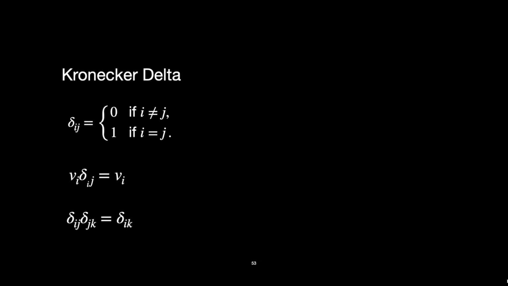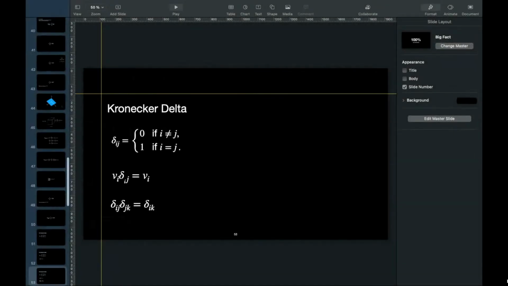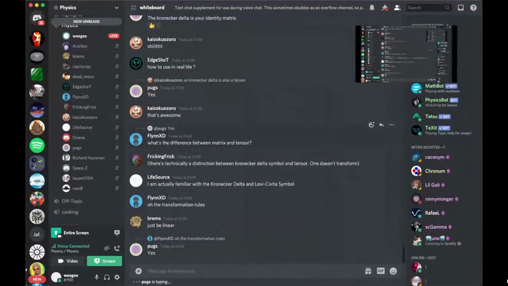Then we're going to establish that i and j and k, so they both have to be equal. i and j are going to be equal, j and k are going to be equal. If they're not equal, 0. That's the Kronecker delta. That's basically it.